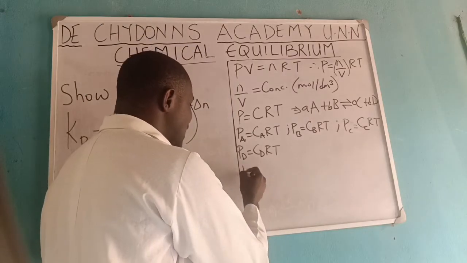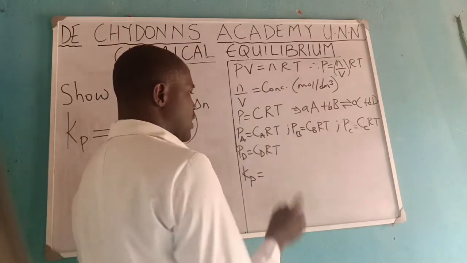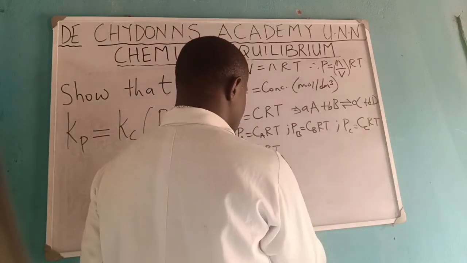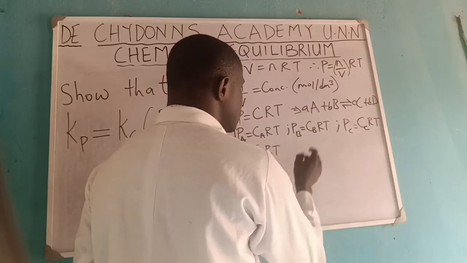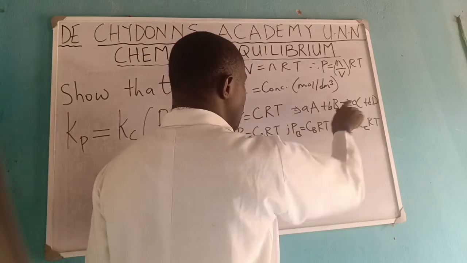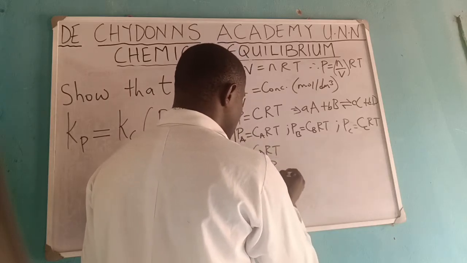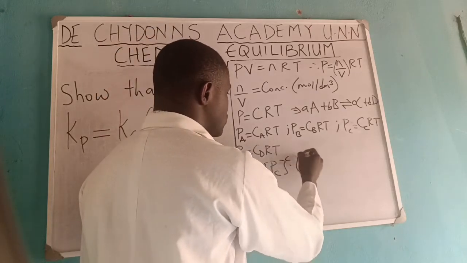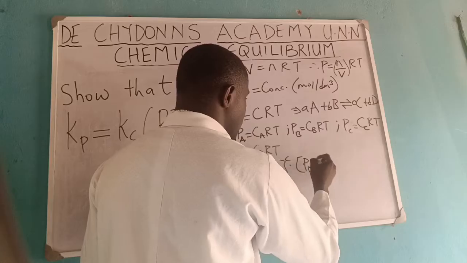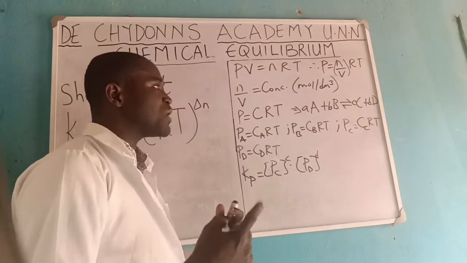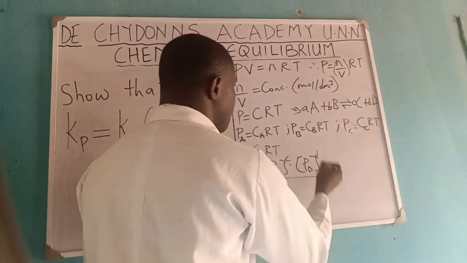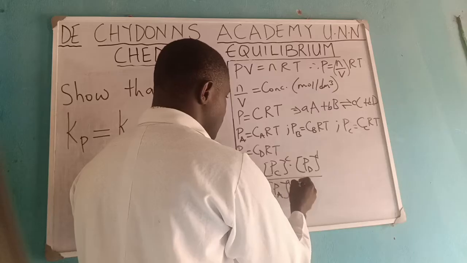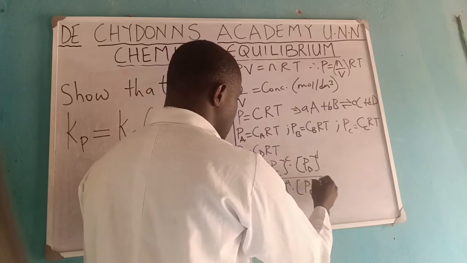You say the equilibrium constant with respect to partial pressure, Kp, is equal to PC raised to power of c times PD raised to power of d, because we are taking it in respect to their partial pressures, all over PA raised to power of a times PB raised to power of b.